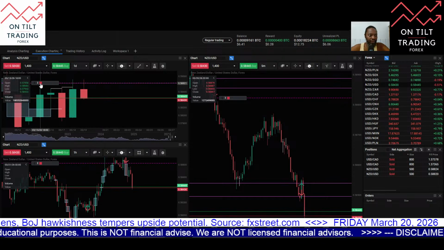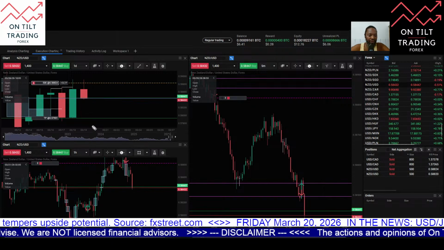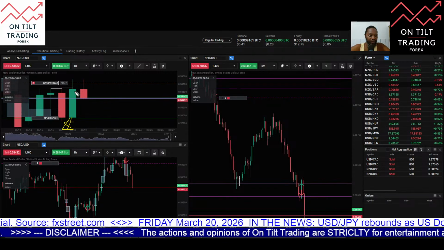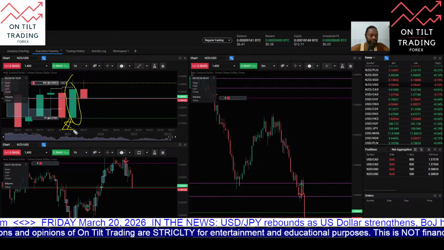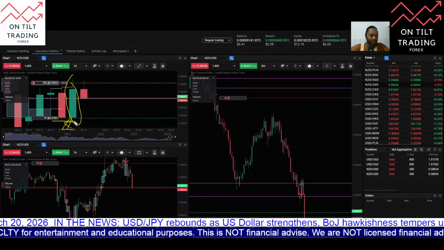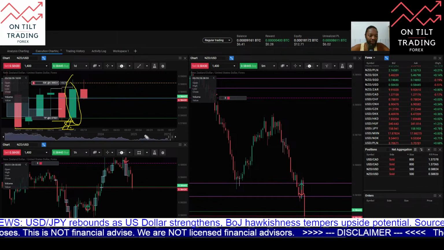So for this Kiwi dollar trade, currently targeting the sell side liquidity, resting below yesterday's candle. Price also has the potential to continue possibly to day before yesterday or even lower here.